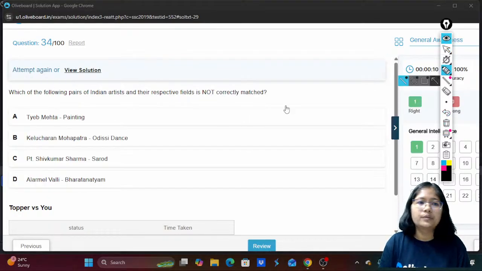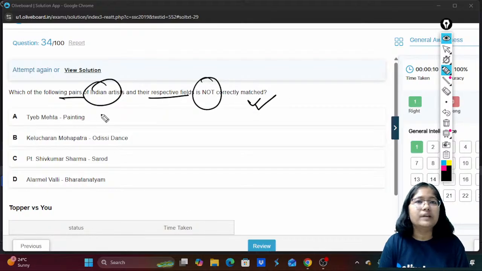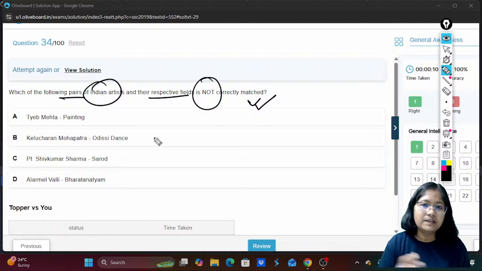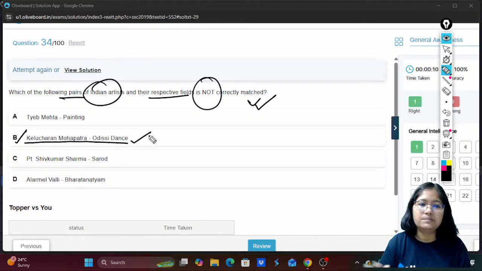Next question. Which of the following pairs of Indian artists and their respective fields is not correctly matched? If you know, it is very good. If you don't know, then famous personalities you have to know, especially if they are in the news. I am sure all of you must be knowing Kelucharan Mohapatra, Odissi dance. So at least this is correct. Everybody must be knowing this, it is very basic.